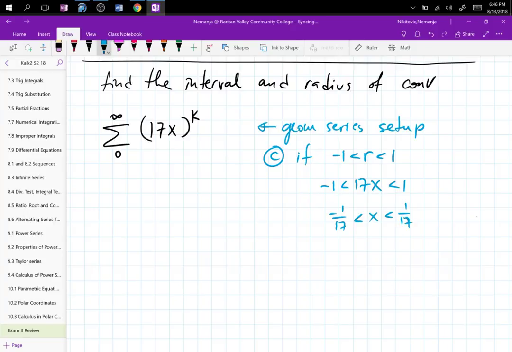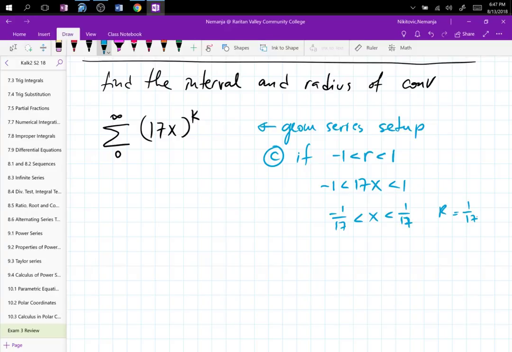And that's the interval of convergence. It's centered at 0, and the radius is 1 over 17. So this is an unconventional way of solving this, just because the entire problem is actually a geometric series. It converges at 0, as I said, but 0 is right between -1 over 17 and +1 over 17.